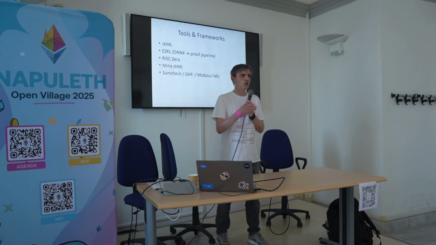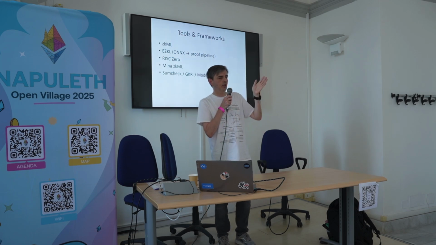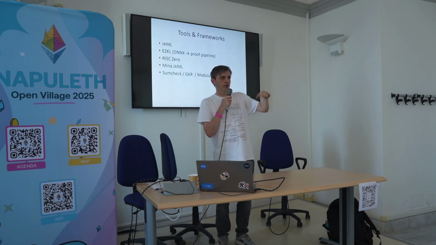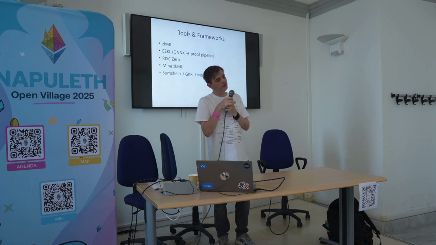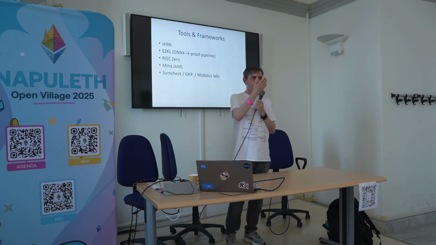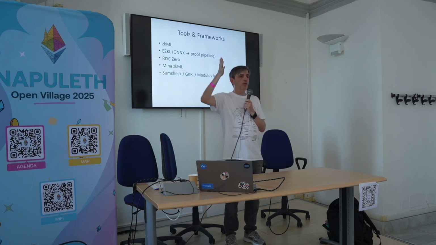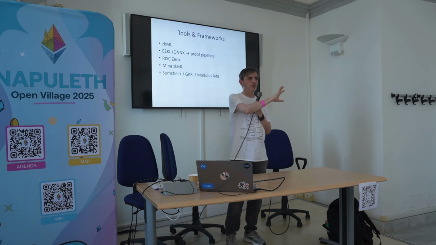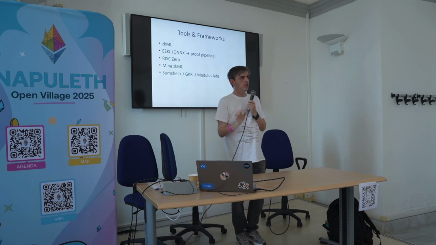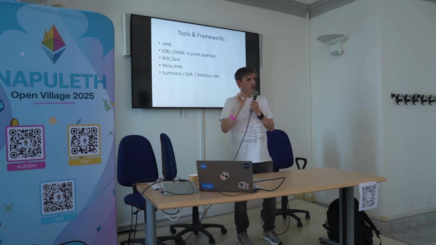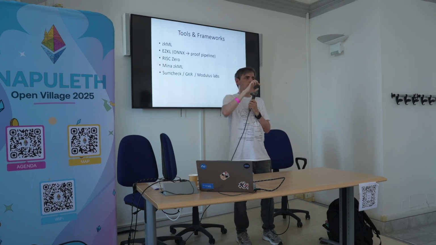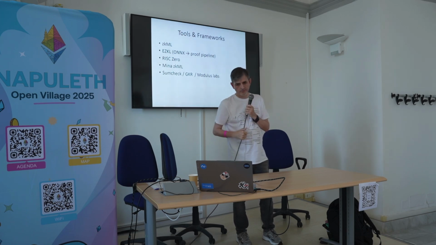Mina is all about recursion in proofs. You can take a proof and then take a proof that that proof was correct, and so on. So when we have a neural network built of many layers, we could recurse through these layers, splitting the computation into smaller pieces and producing smaller proofs, which can then build up into an overall proof.